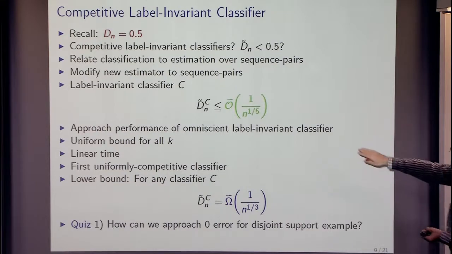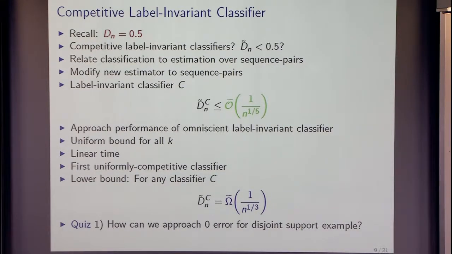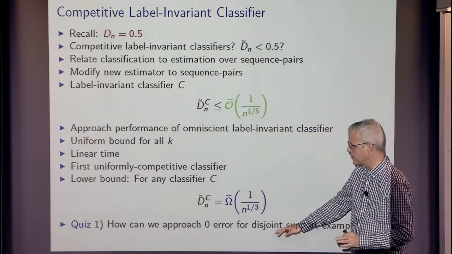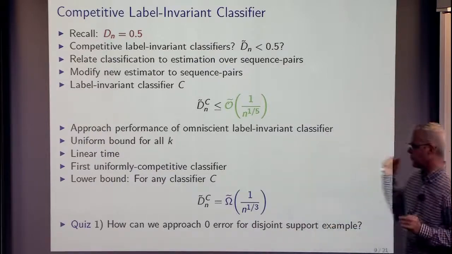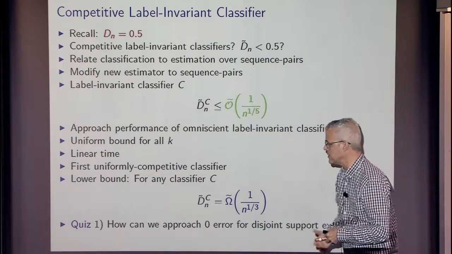So is there a contradiction here between this and the first example? If the 2 examples have this joint support, the best you can do is 0. But that's right, label invariant, so we know that. In order to get 0 in the other one, you need, like we wrote here, a label variant classifier. But if you use the label invariant classifier, then you will not be able to get 0.